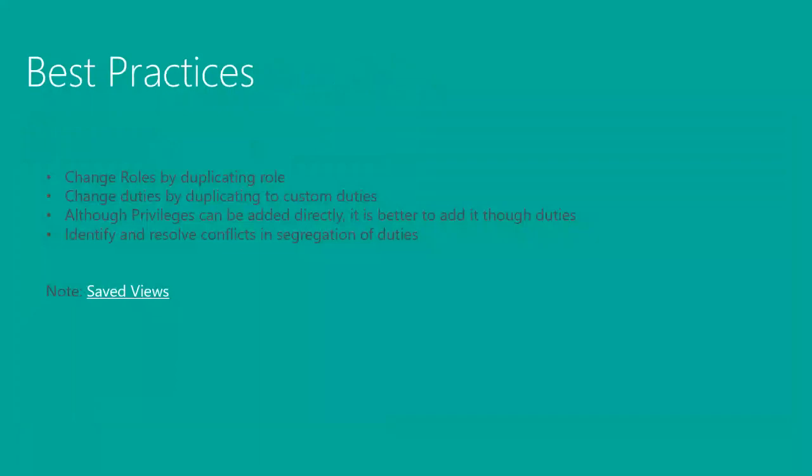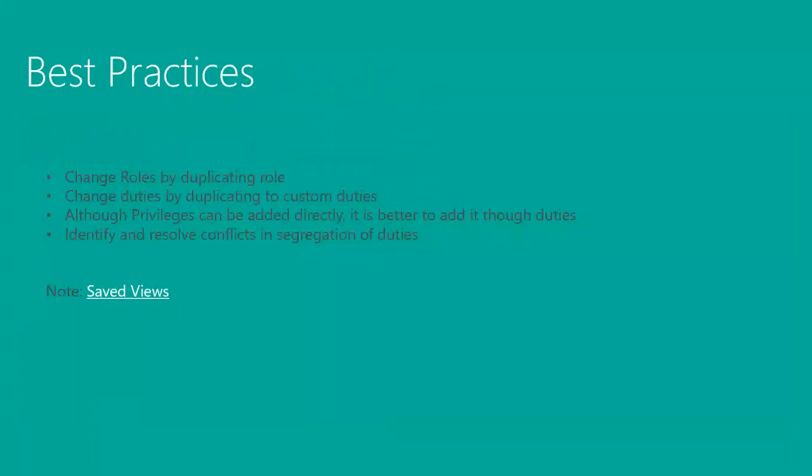The other thing is, sometimes we just want to change roles quickly, so we'll end up adding a couple of new privileges to that role, or take privileges from here and there from multiple duties and then assign them to the role directly. It is not wrong, but it does not ease the maintenance of the role.